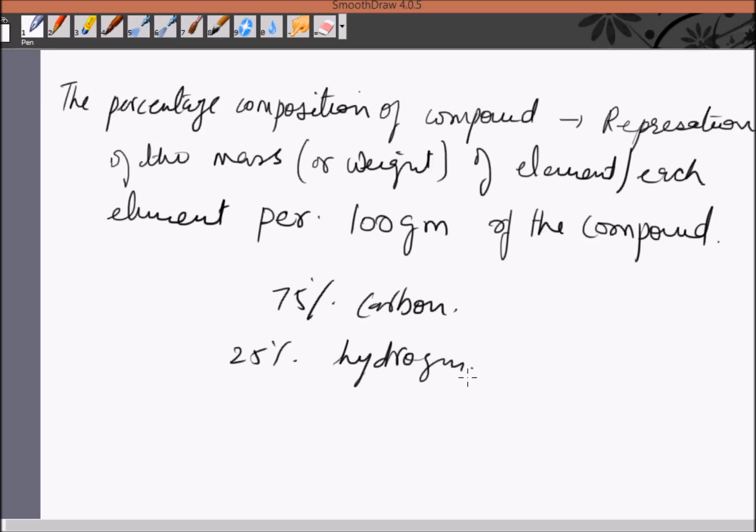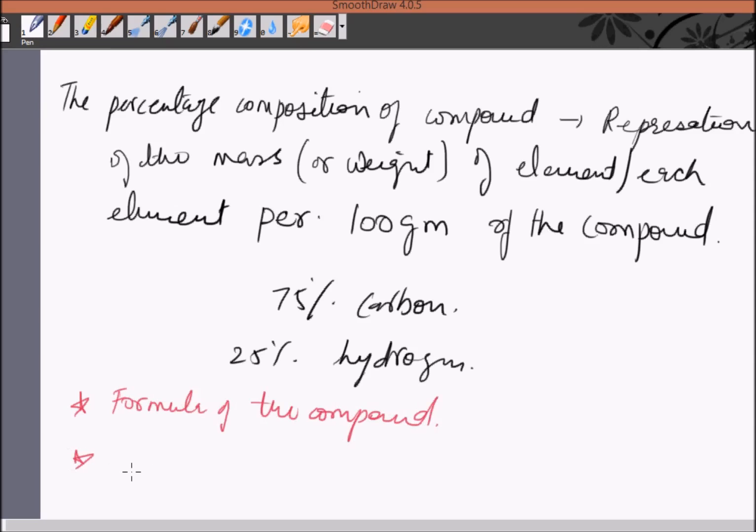So the percentage composition of the compound can be calculated from the formula of the compound. In other words, to calculate the percentage composition of a compound, we should know the formula of the compound as well as the atomic mass of all the elements which occur in the formula of the compound. Let's write down the important note. First of all, we should know the formula of the compound.